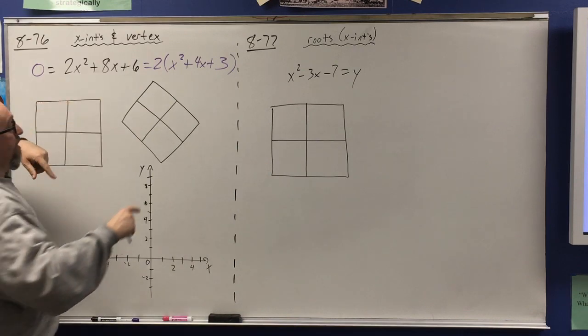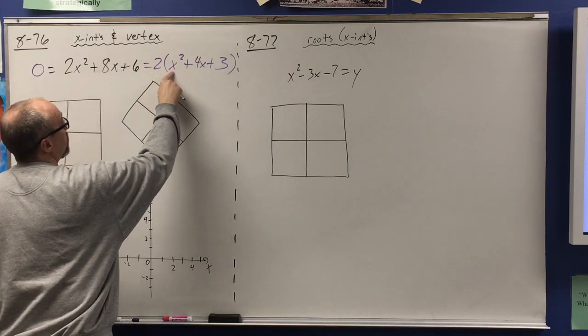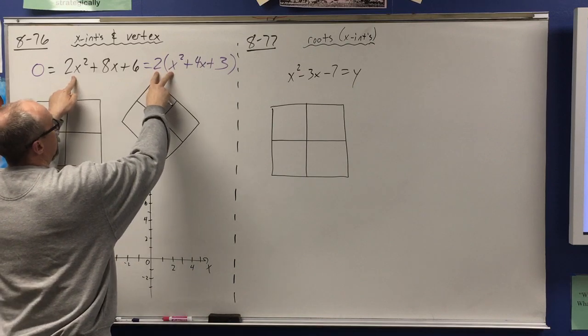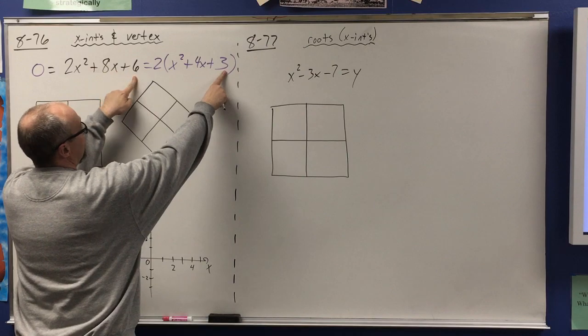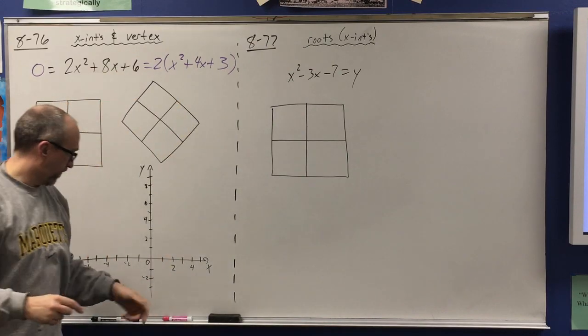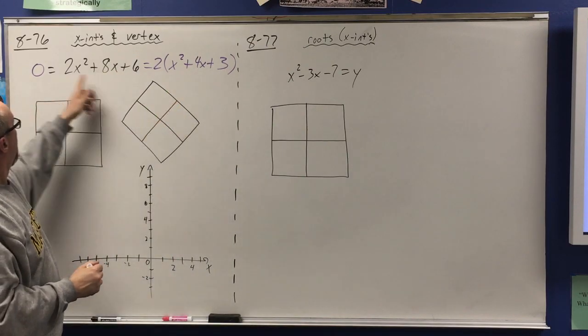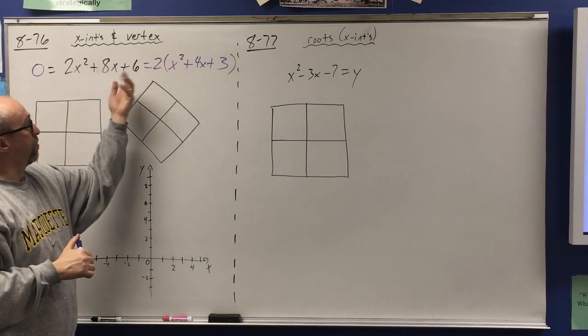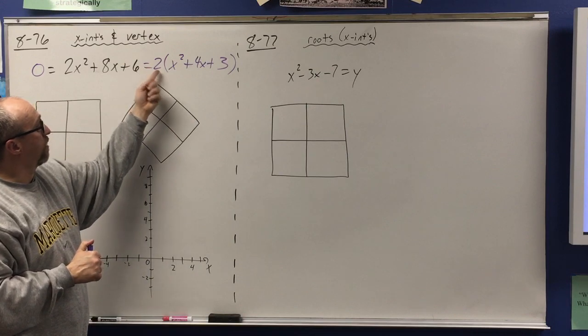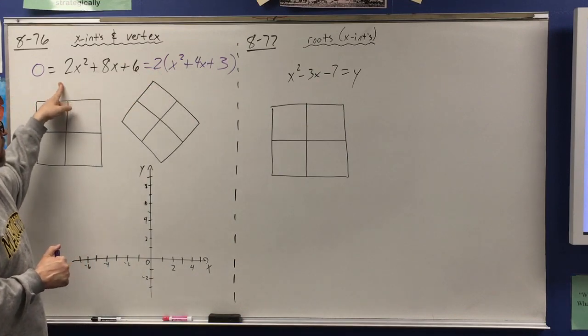Another way to look at this is if I distribute a 2, 2 times this is this, 2 times this is that, and 2 times 3 is 6. All these terms come back if I distribute the 2. I factored out a 2. I did a GCF factoring. Greatest common factor was a 2.